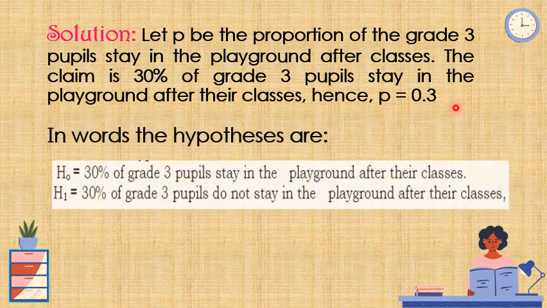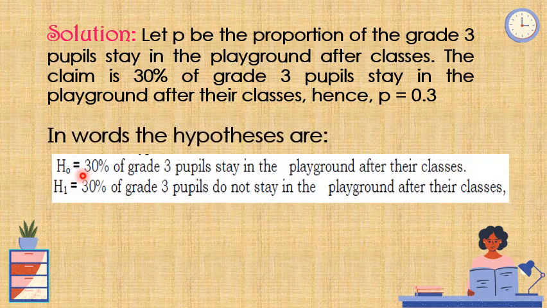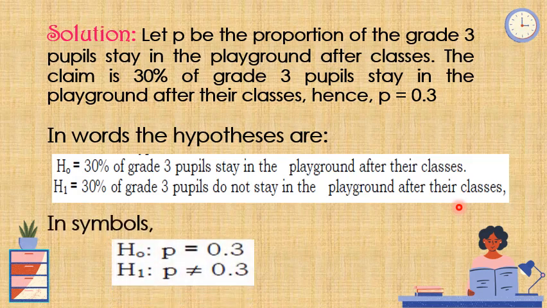So, in words, the hypotheses are H0, 30% of grade 3 pupils stay in the playground after their classes. Ang ating H1 or HA or ang ating alternative hypothesis, 30% of grade 3 pupils do not stay in the playground after their classes. In symbols, H0, P is equal to 0.3 and H1, P is not equal to 0.3.